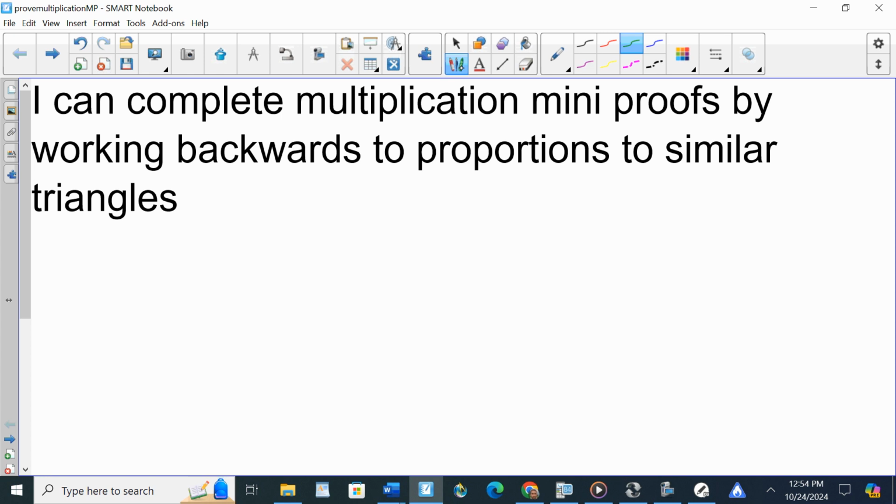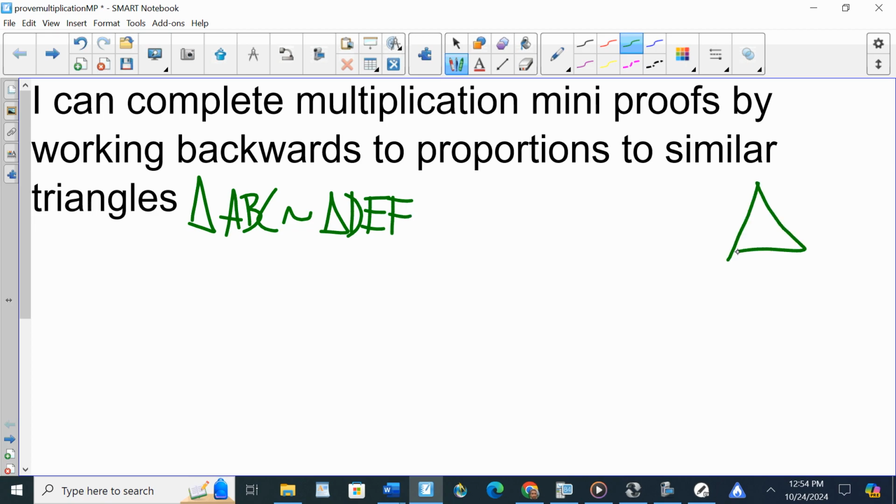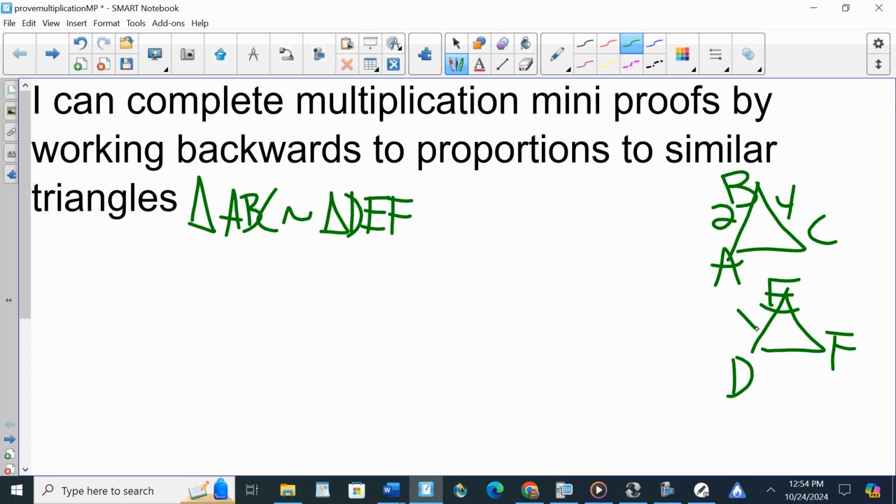If I have similar triangles, so if I have that triangle ABC is similar to triangle DEF, there's my triangles ABC, DEF, and let's say I have 2 and 4 and X and 12.